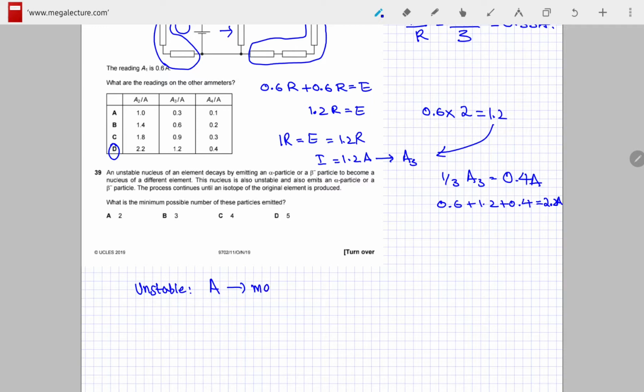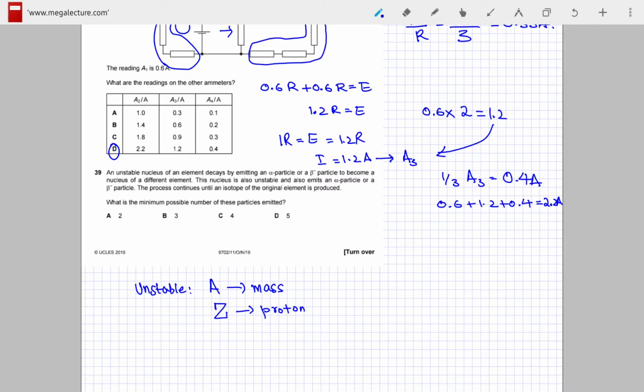This is the mass number, and it has some proton number Z. Now, the first possible reaction is that the nucleus will emit a beta particle and it will become a nucleus of a different element, right?